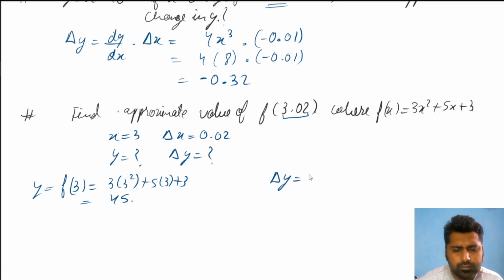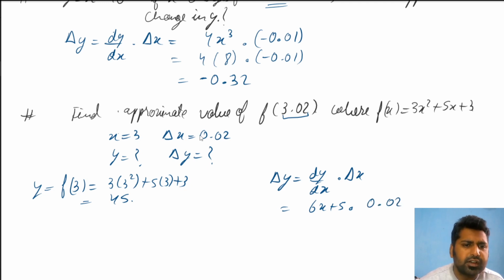Again the same idea: dy by dx is approximately equal to delta y by delta x, so delta y is dy by dx into delta x. What is our dy by dx? Let's differentiate this. That is 6x plus 5, into delta x. How much is the change? 0.02. And remember that we have taken positive because this is 3 plus 0.02.